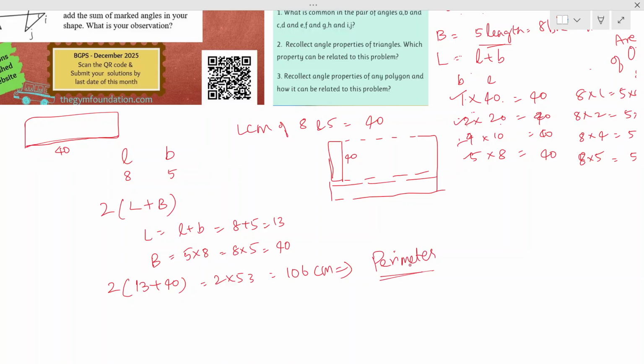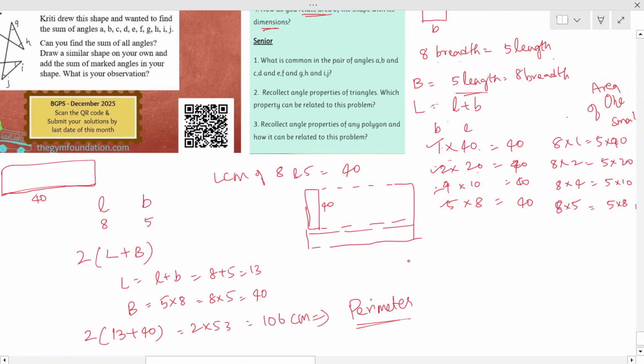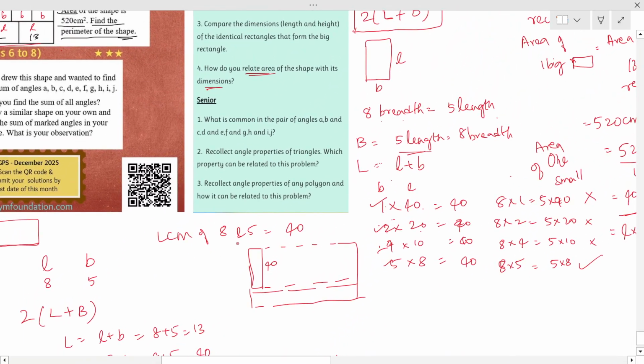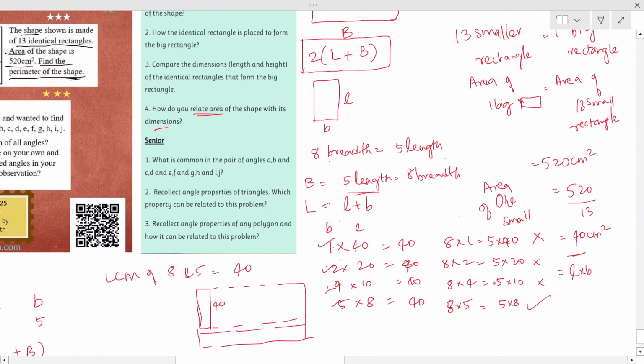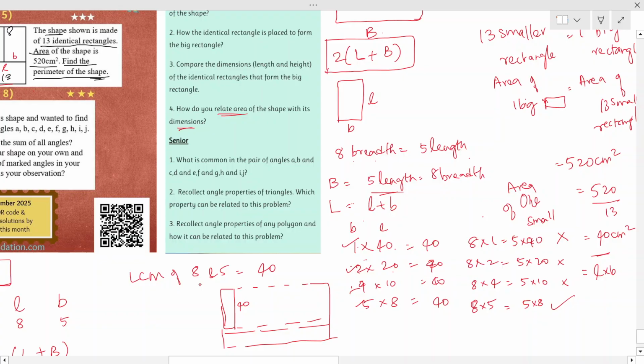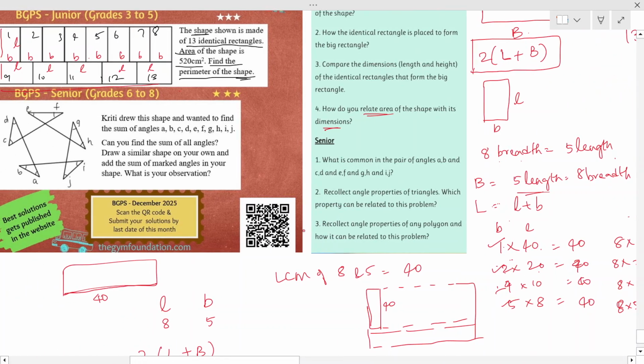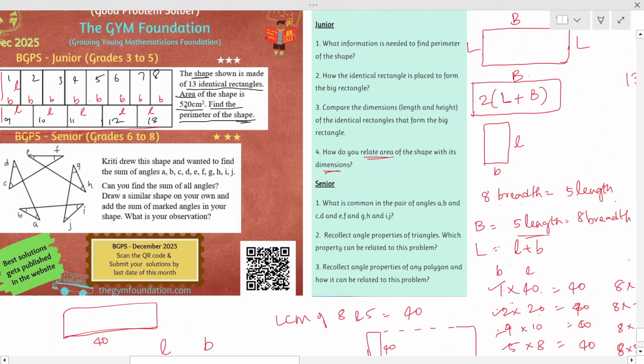This is a very interesting problem with the different approaches that are being taken. This is trial and error, but the LCM method is a very good method that one of the students, Danya, has submitted. You can also check if your answer is correct during the reflection process by checking if your L and B map to the area.